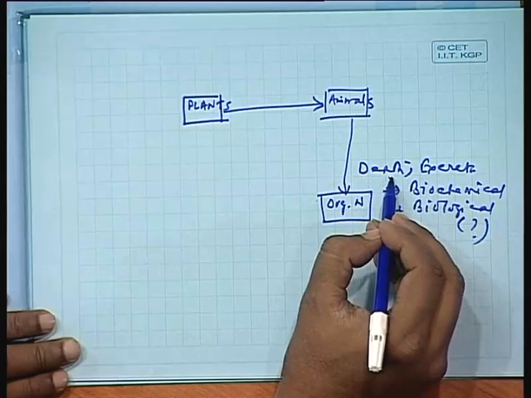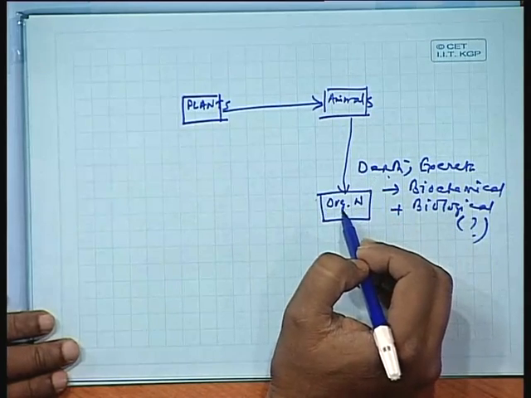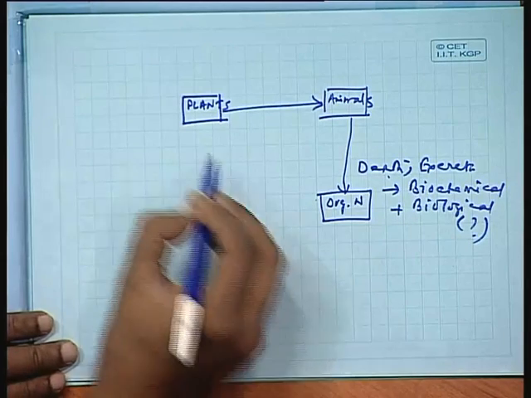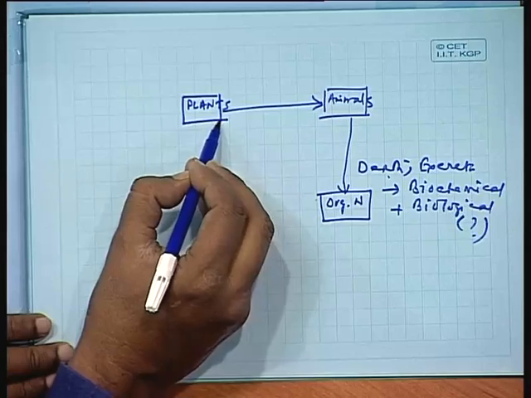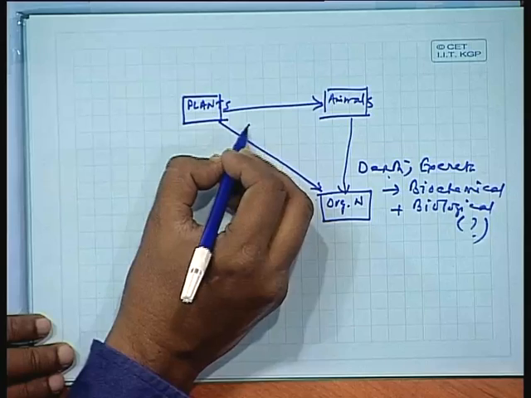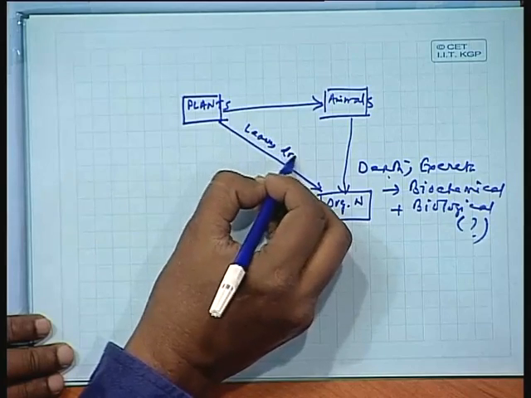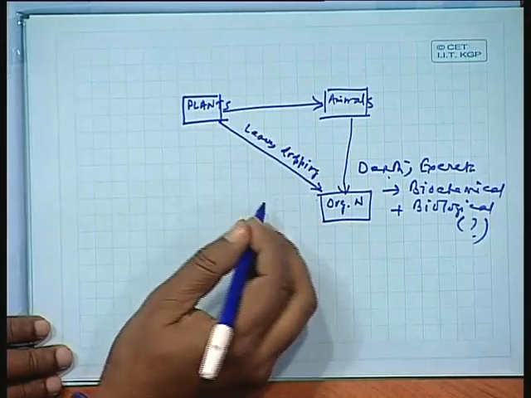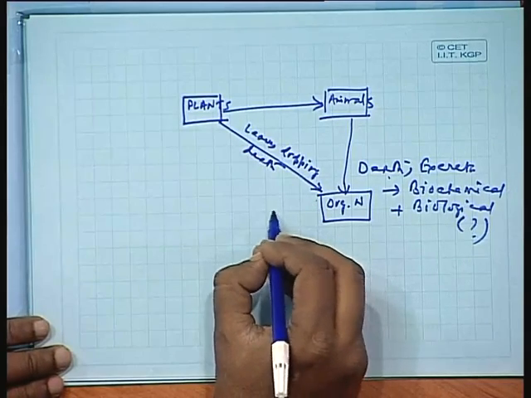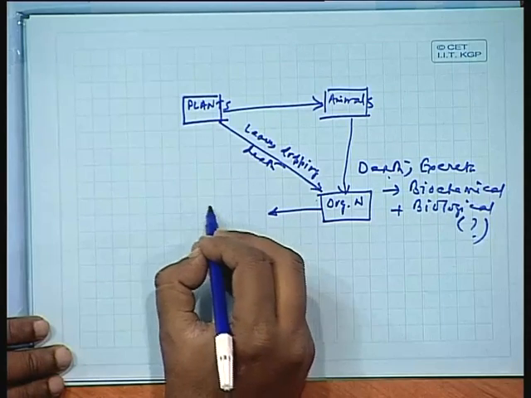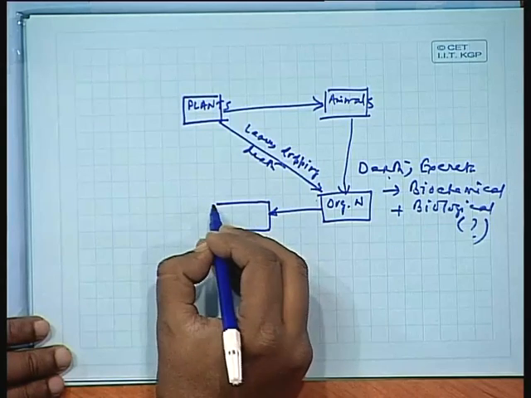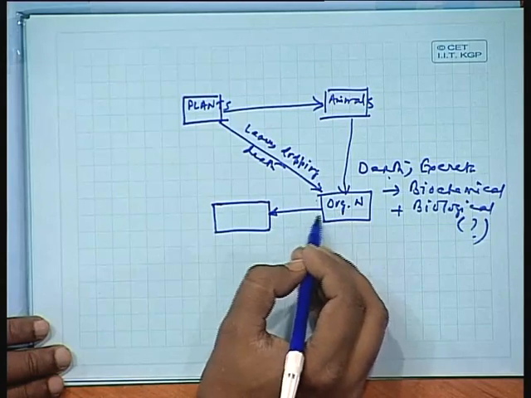You can see animals by death supply organic nitrogen. Excreta is also supplying organic nitrogen. The plants are also contributing by leaves dropping, death. Then we find ammonia.